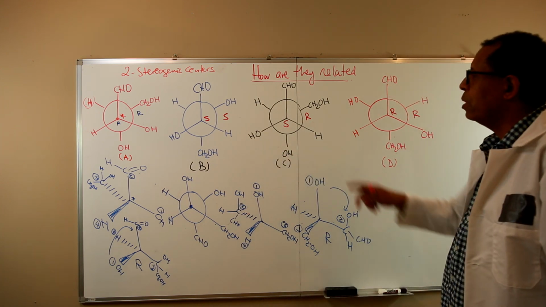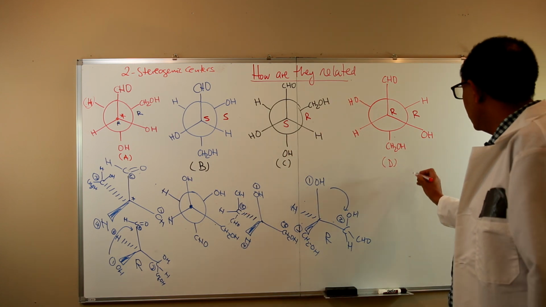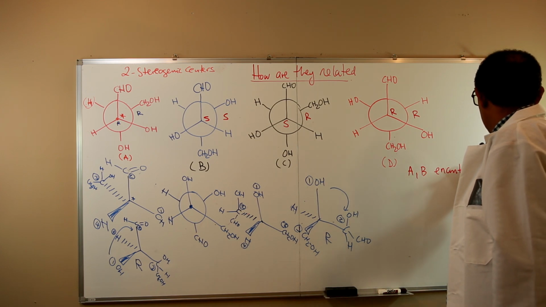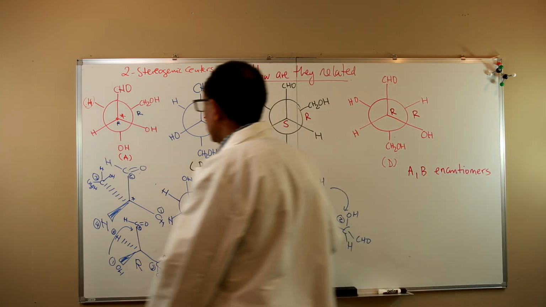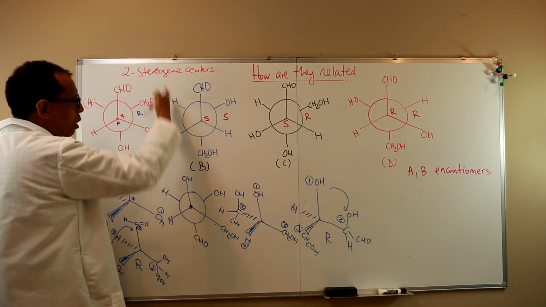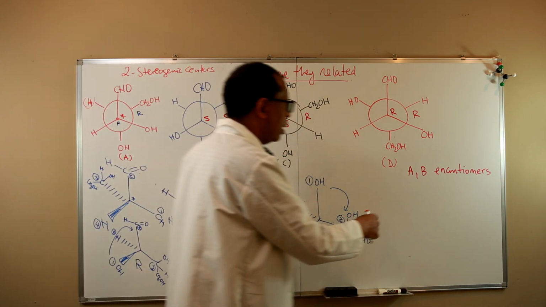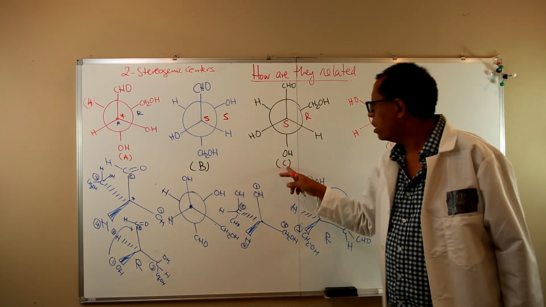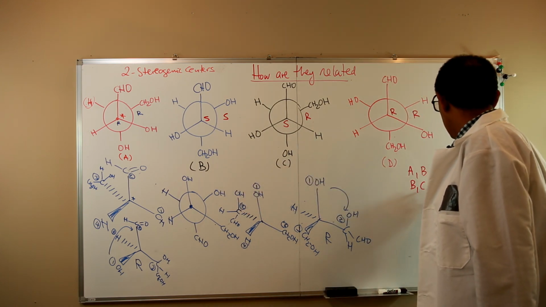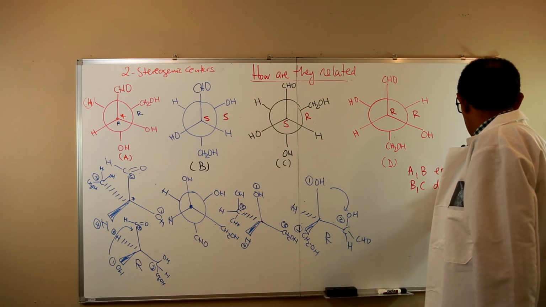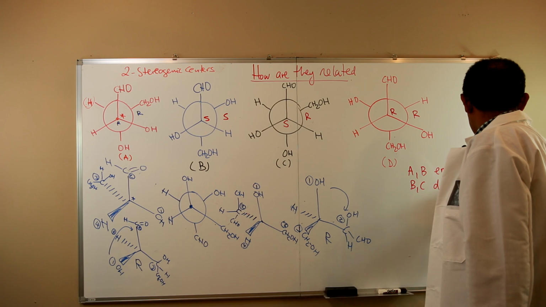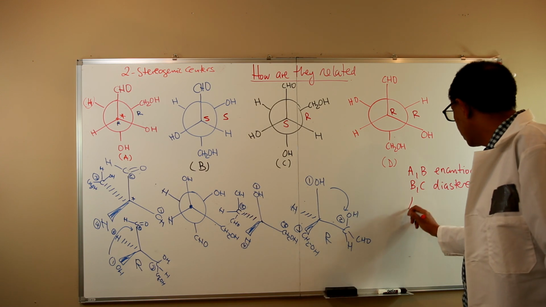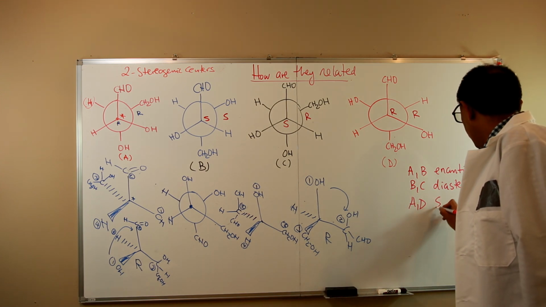So the relationship between A and B are enantiomers, mirror images, because you have RR, image would be SS, which is A and B, enantiomers. B and C are diastereomers. Actually, A and D, I would say, they are the same molecules.